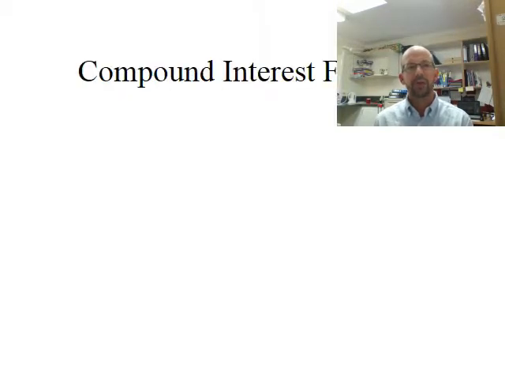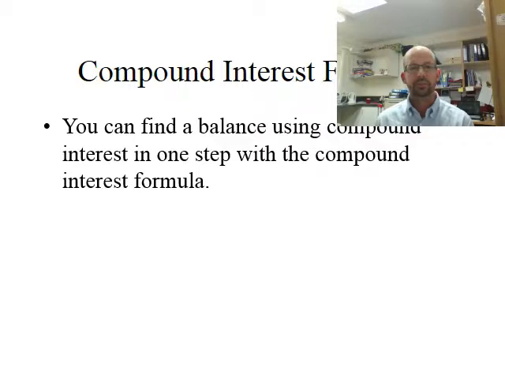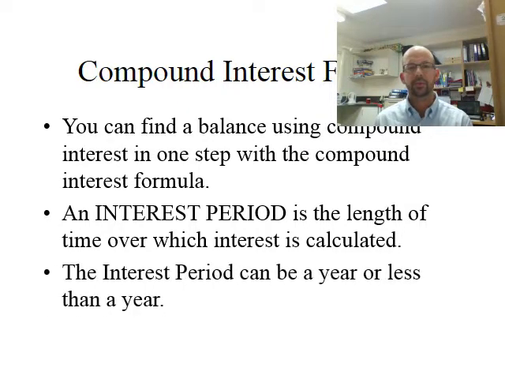We have a compound interest formula so that we can do this in one step. The interest period is the length of time over which the interest is calculated. The interest period can be a year or less than a year.